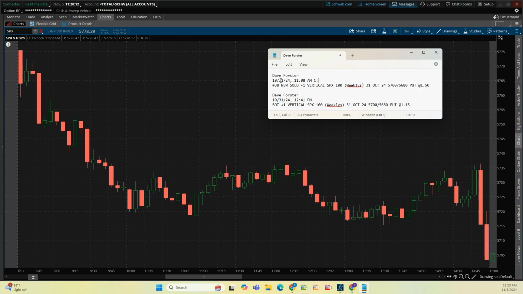This is the trade alert that I pasted in here from the room. This is the actual trade I did, posted to the room. It was at 11:08 Central, right around here, that was my entry.